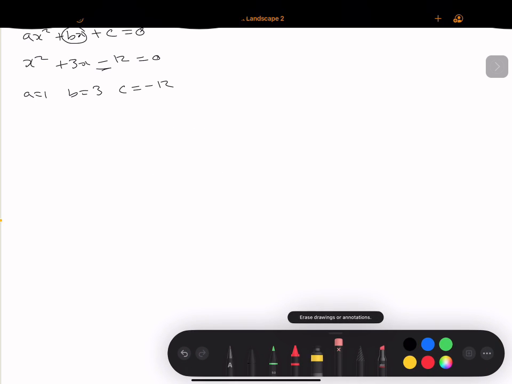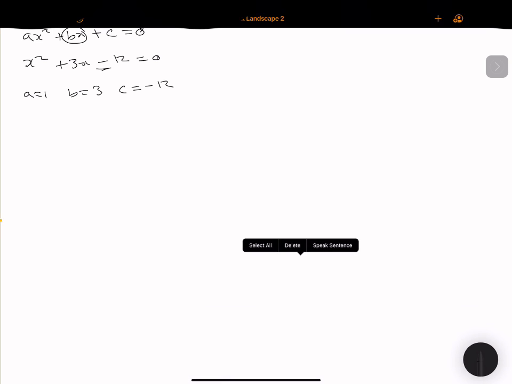Okay, let's do a harder one now. So we're going to do 4x squared plus 15x plus 9. Now you might notice that it's not just x squared now.